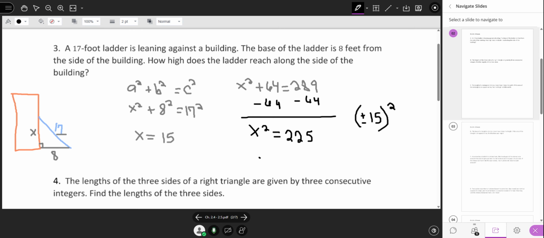Now, honestly, it really is both plus and minus 15. The issue is distance is not negative. So we throw the negative answer away.